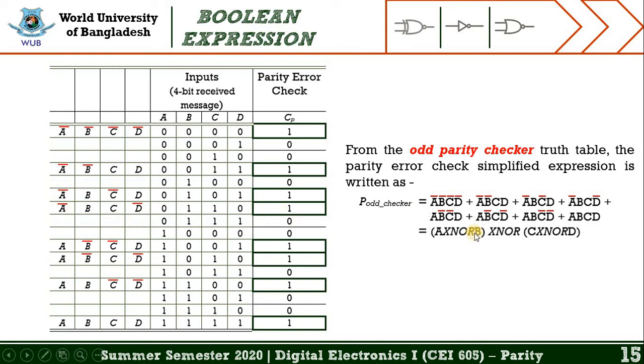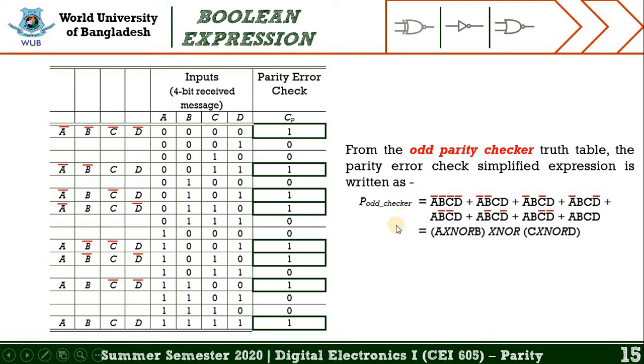And if we see the right side of this slide, then we may find, from the odd parity checker truth table, the parity error check simplified expression is written as follows.